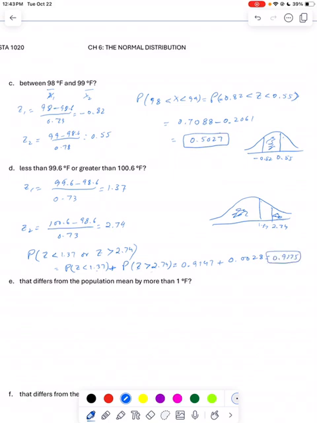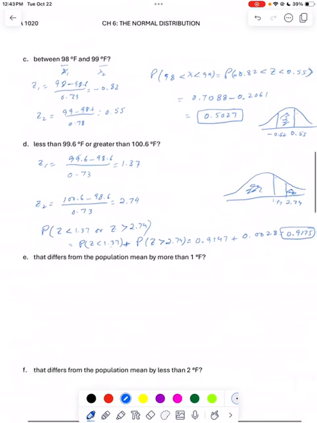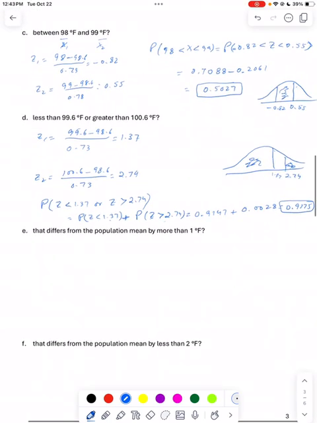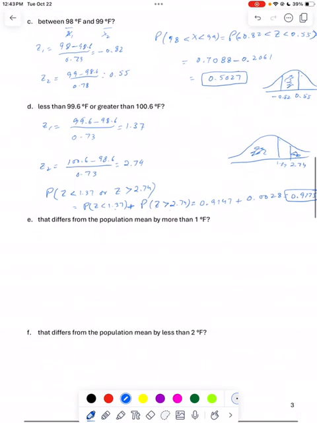Okay, now these last two are a little bit tricky, but what you have to remember whenever you see this phrase, differs from the population mean by more than, or the other one, differs from the population mean by less than. Okay, differs and less than, and differs and more than. So let me first explain what is happening.